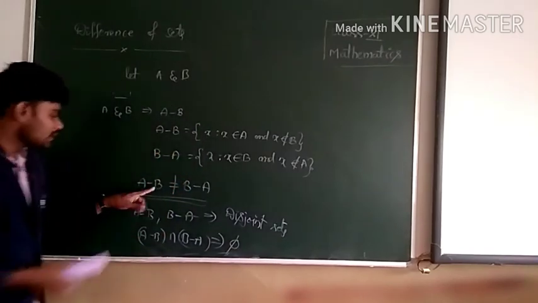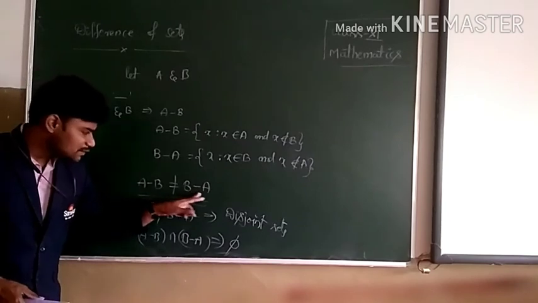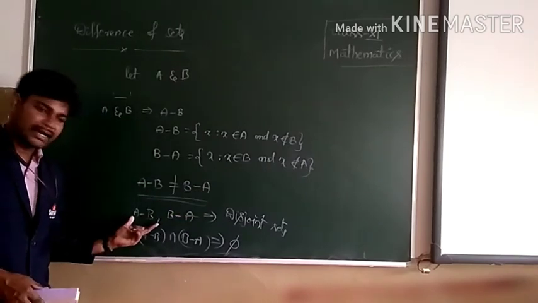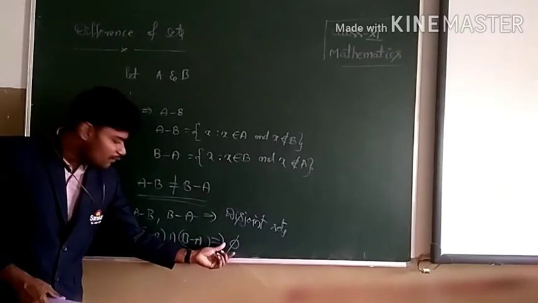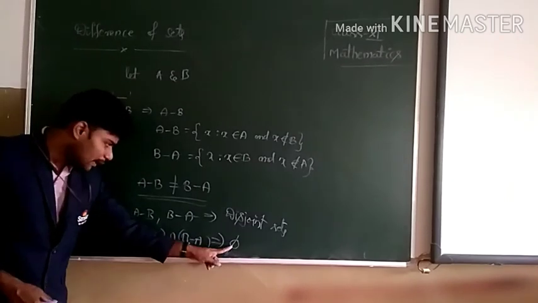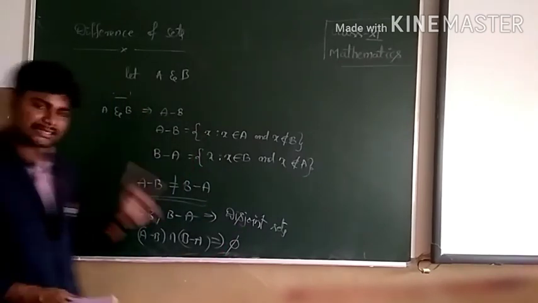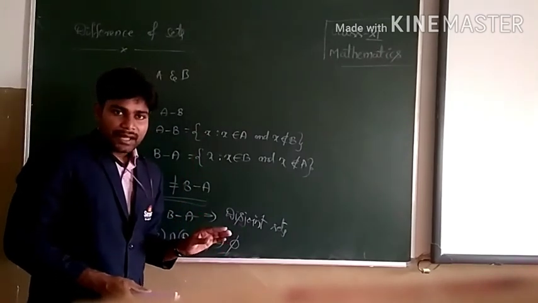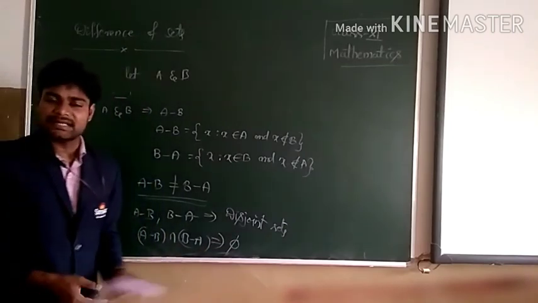Here the elements come from set A, and here the elements are in set B. So there is no common element. That's why (A minus B) intersection (B minus A) is equal to φ. When this intersection is φ, we can say that these two sets are disjoint sets. Already we defined that disjoint sets have no common elements. It means A intersection B is equal to φ.